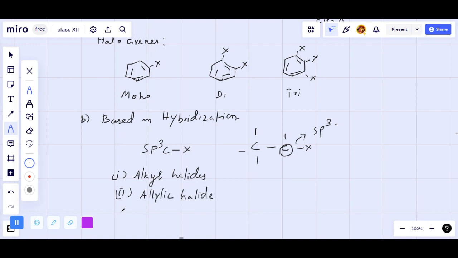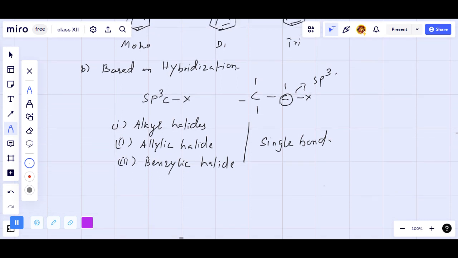Third one is benzylic halides. In all three, the carbon is sp3 hybridized, so the bond is single. So we will see one by one: alkyl halide, allylic, and benzylic. This is based on sp3.